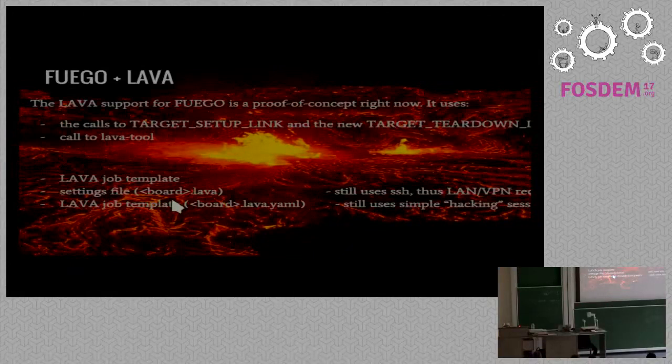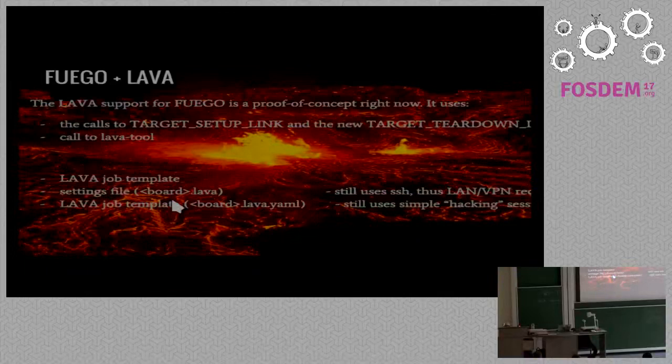So I thought, nice idea, it would be completely transparent, but I have absolutely no knowledge of how long a job runs. Okay, so target setup link is coupled with the job, so I know start and end. I still had to add a target teardown link because that was never thought of, so I just added that.